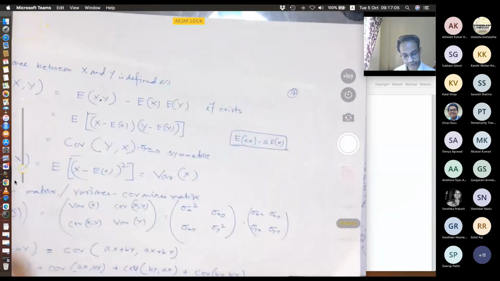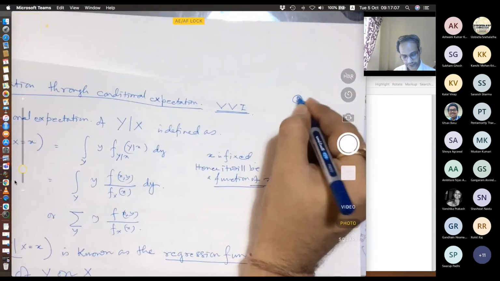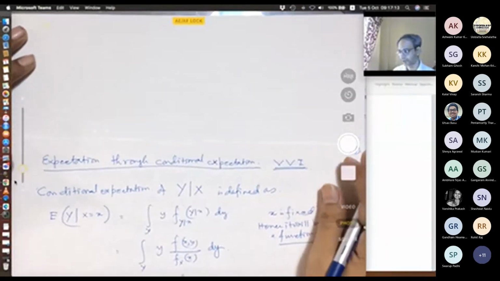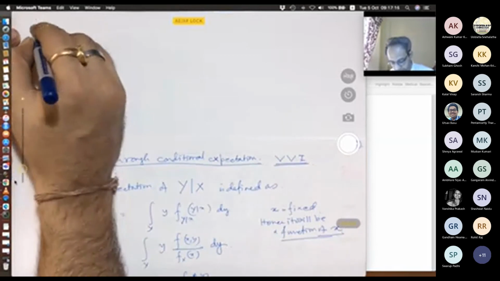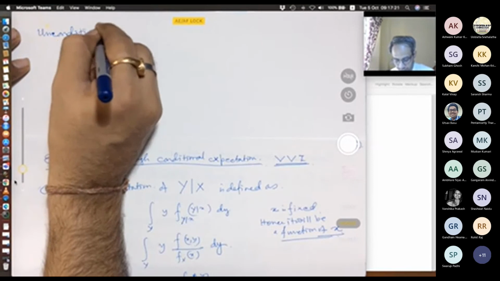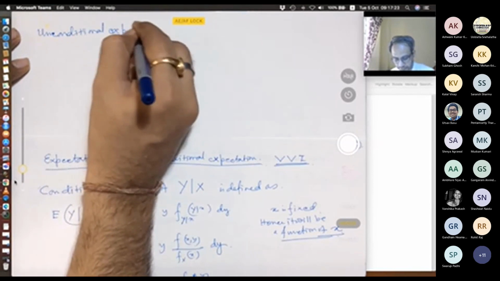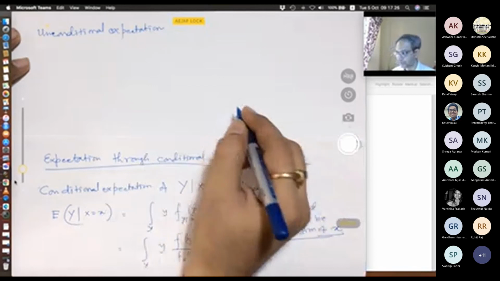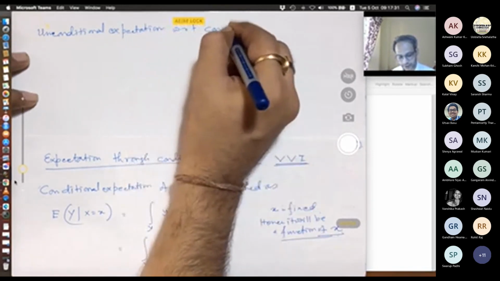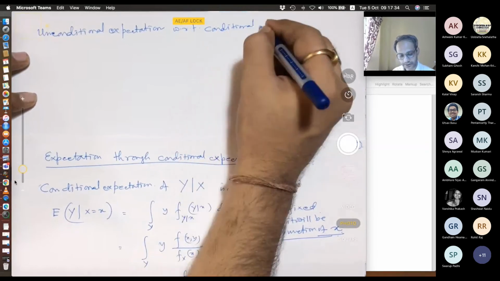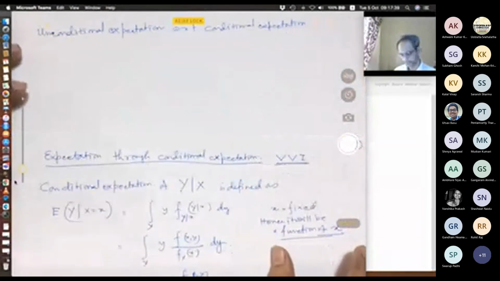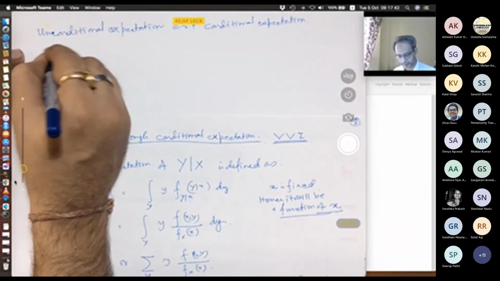Six. The unconditional expectation through conditional expectation. Suppose we are interested in the unconditional expectation of y.